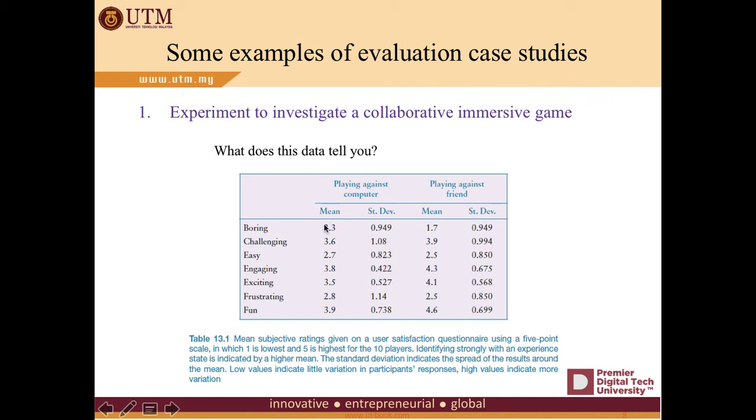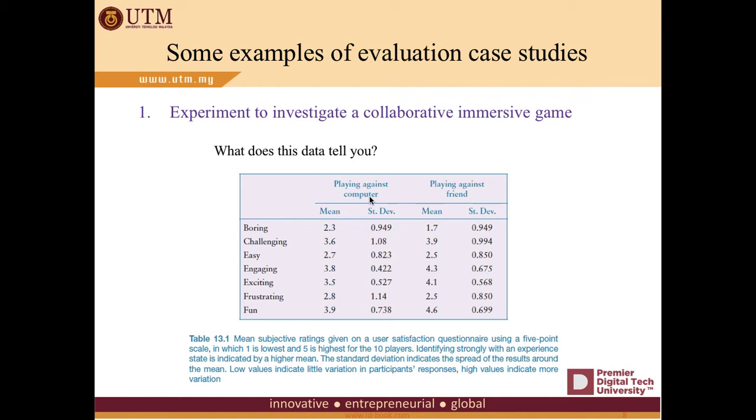So, in fact, if you're looking into this data, it's a result to show the mean and standard deviations for both groups, okay? You can see that boring 2.3, challenging 3.6, easy 2.7, engaging 3.8, and so on. The standard deviation is something that shows the patterns, okay?